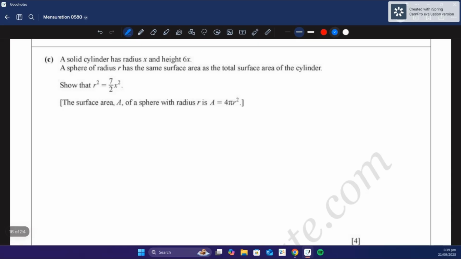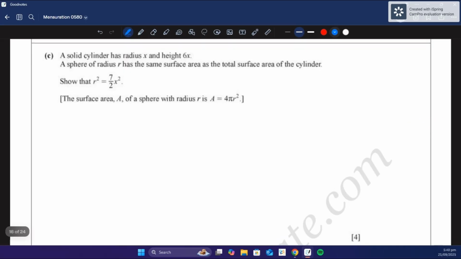A solid cylinder has radius x and height 6x. A sphere of radius r has the same surface area as the total surface area of the cylinder. Show that r squared is equal to 7 over 2 x squared. Surface area A of a sphere with radius r is A equals 4 pi r squared. So we're going to simply equate the two because we know that they're equal.